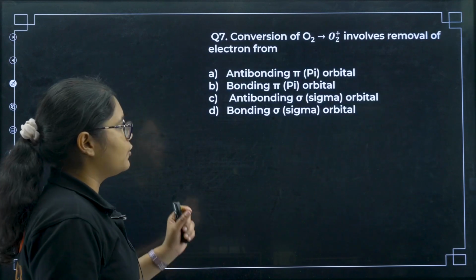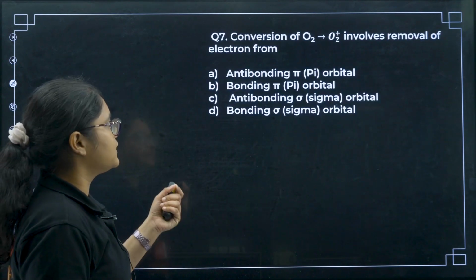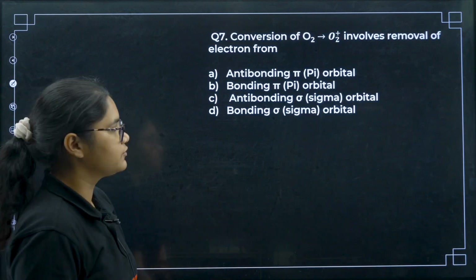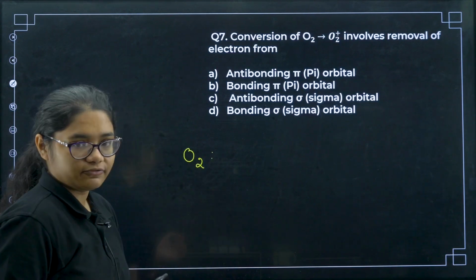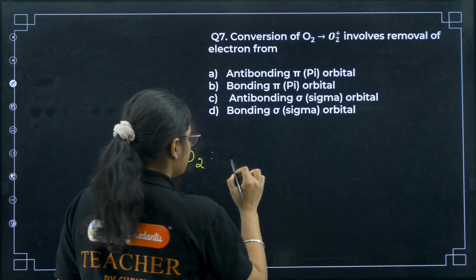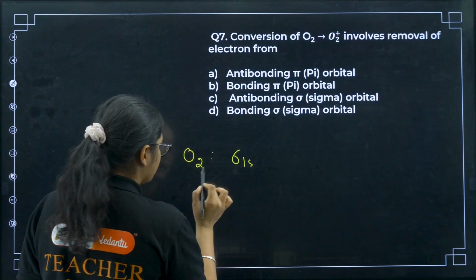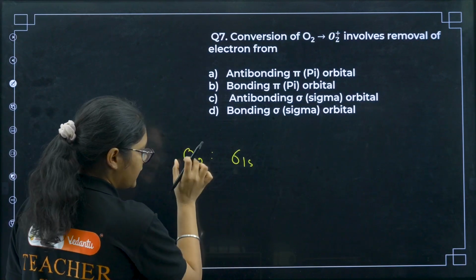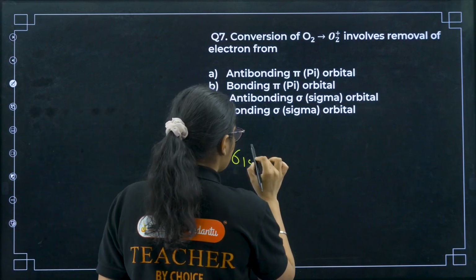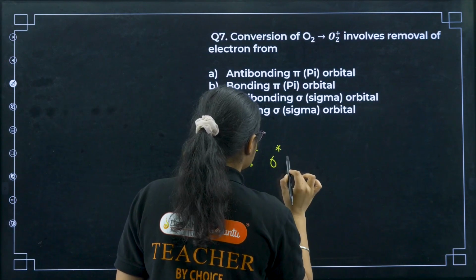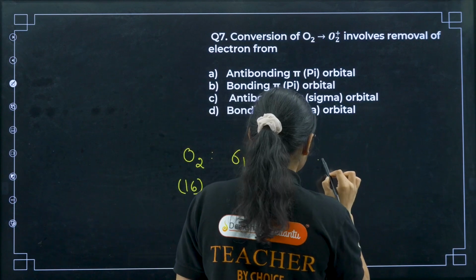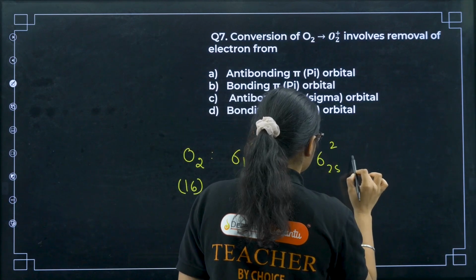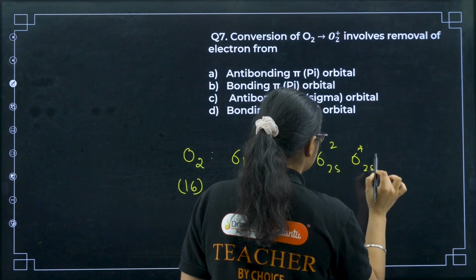The conversion of O2 to O2 plus involves the removal of an electron from... So if I write the molecular orbital configuration of O2, what is it? Sigma 1s. How many electrons are there? We have 16 electrons, 8 plus 8, 16. Sigma 1s2, then sigma star 1s2, then sigma 2s2, sigma star 2s2.